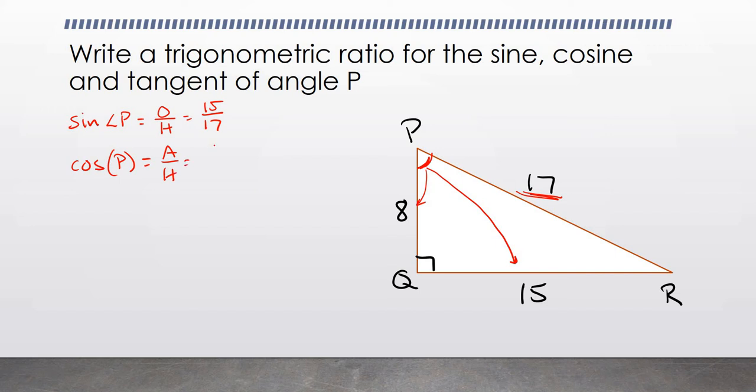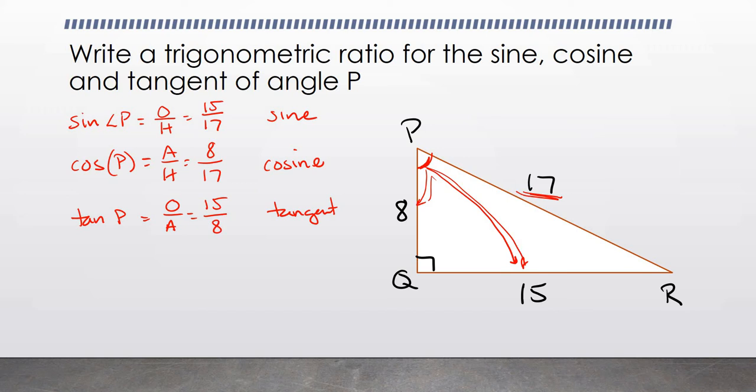So therefore the cosine of P is 8 over 17. Notice that I've also abbreviated sine and cosine. These are the abbreviations that we use for sine and cosine. Tan of P is the abbreviation for tangent. It's the opposite over the adjacent. So for P, the opposite is 15, the adjacent is 8. It's 15 over 8. Okay? So sine, opposite over hypotenuse, cosine, adjacent over hypotenuse, and tangent, opposite over adjacent.